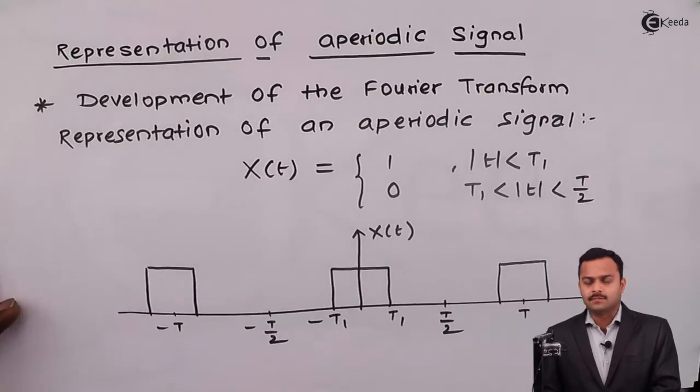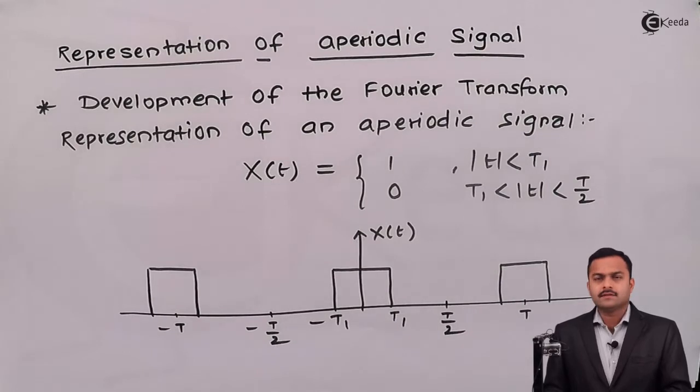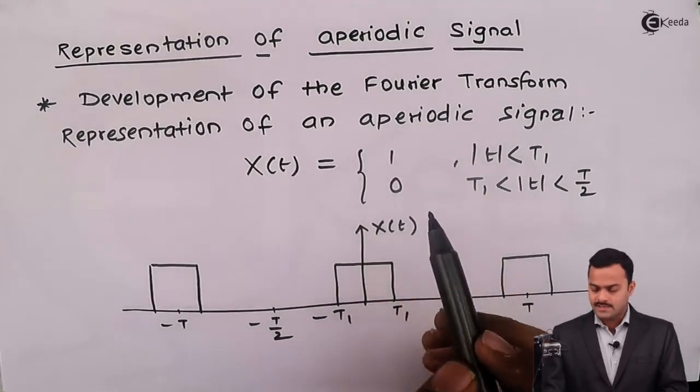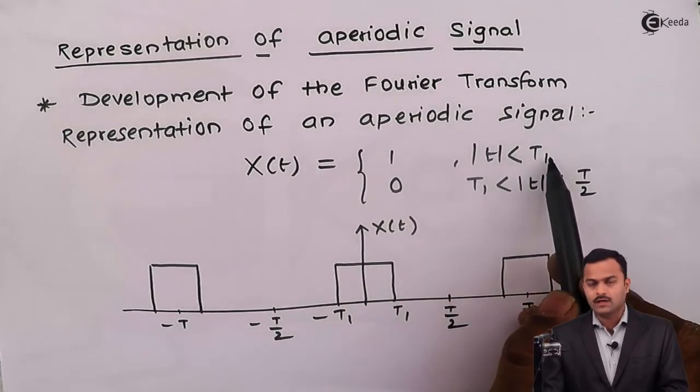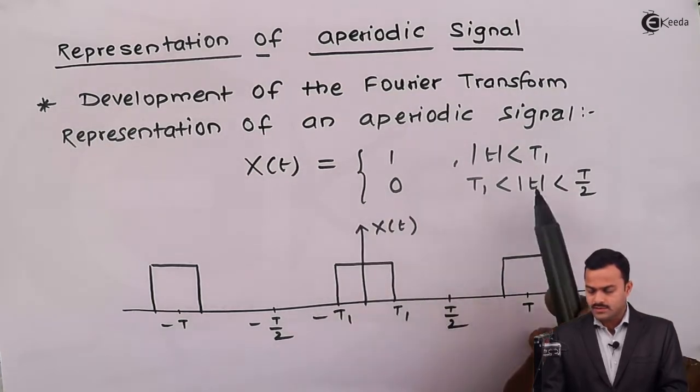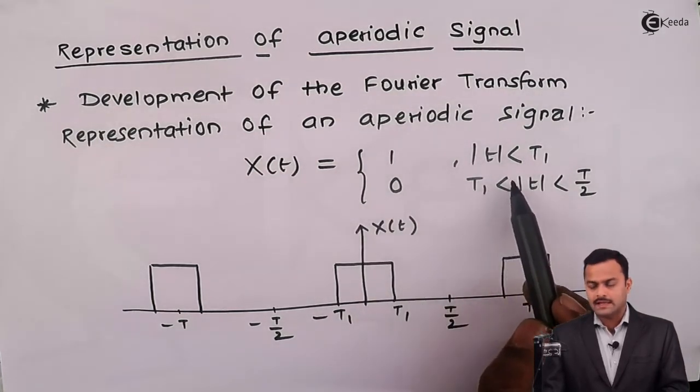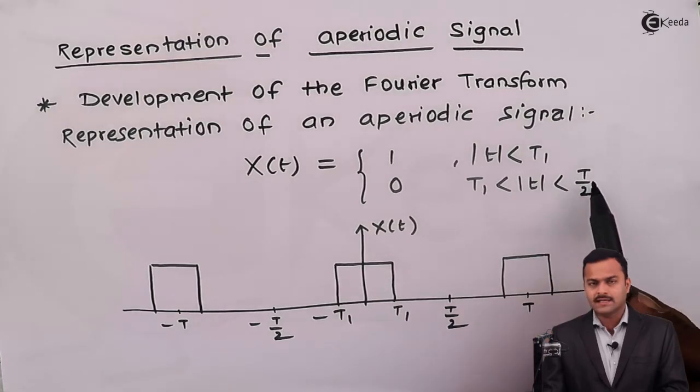Now we will see a representation of aperiodic signals through the concept of the Fourier transform. For that purpose, let's take an example where x of t is given as 1 for mod t less than T1, some constant, and equal to 0 for T1 less than mod t less than T by 2.